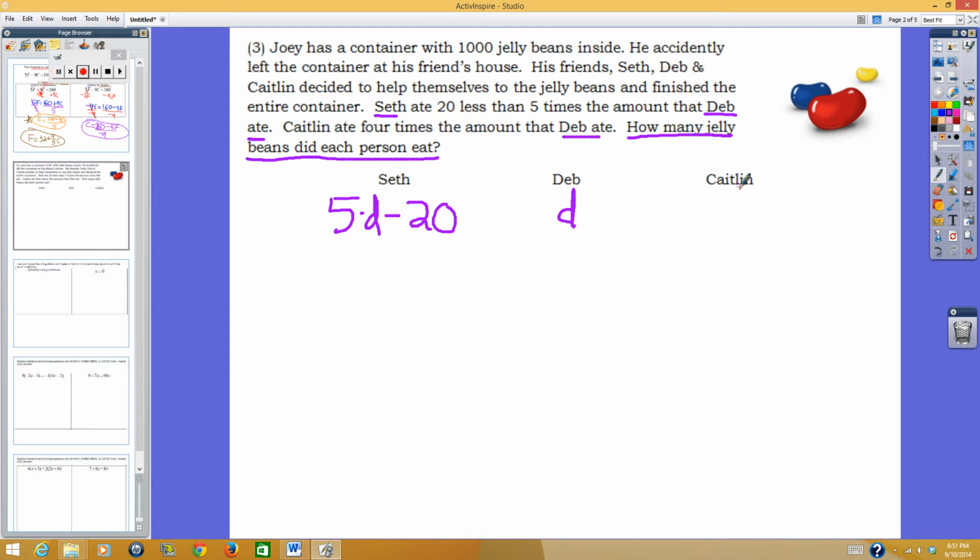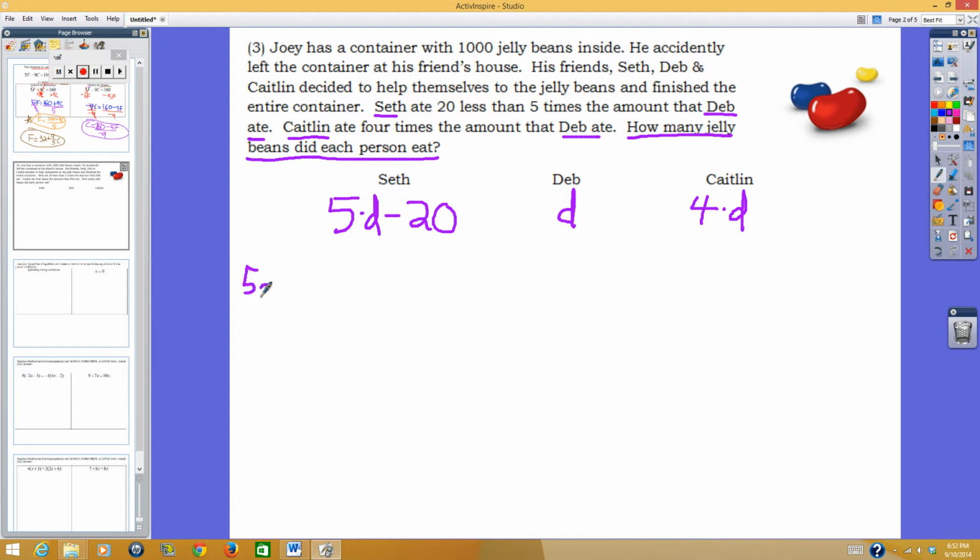Okay? Now we have to figure out Caitlin's ordeal. Caitlin ate 4 times the amount that Deb ate. So if she ate 4 times, you would literally just write 4 times what Deb ate. Okay? Now we have to put it all together and set up our equation. So it would just literally be these 3 people added together.